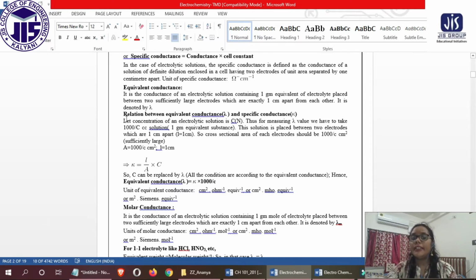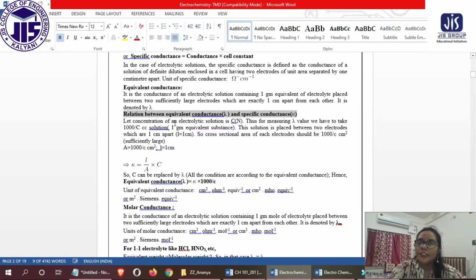This is very important: the relation between equivalent conductance and specific conductance. Equivalent conductance is lambda and the specific conductance is kappa. We can derive the relation between them.